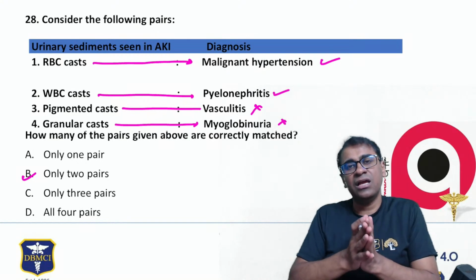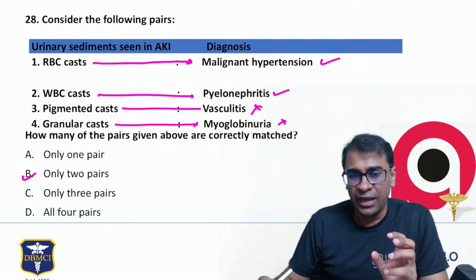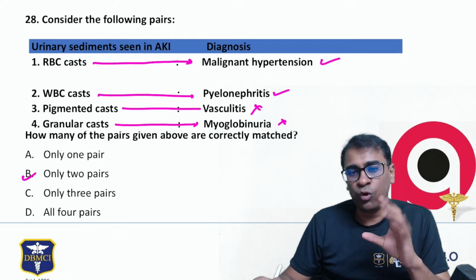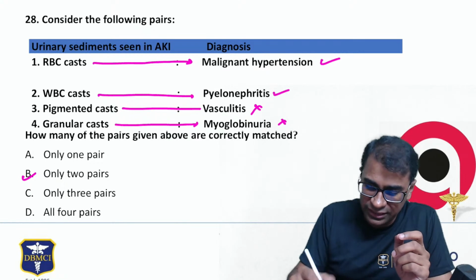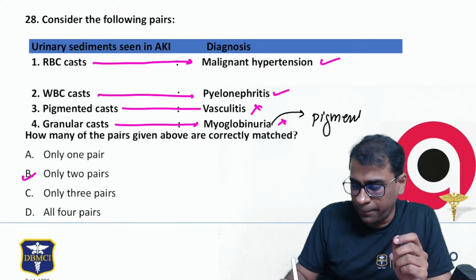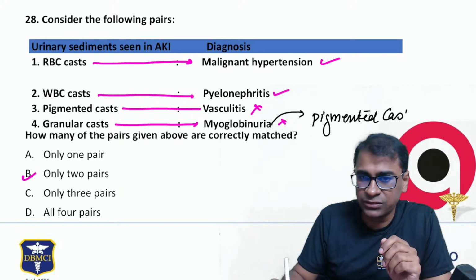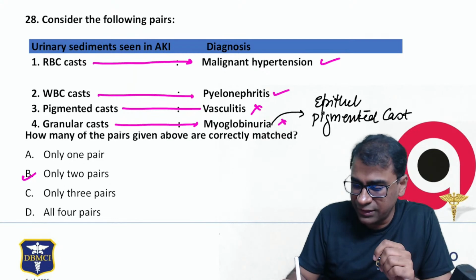Let's go through some other things here. What do you expect to see in myoglobinuria? What you often see in myoglobinuria is a pigmented cast. It can also show you some epithelial casts.